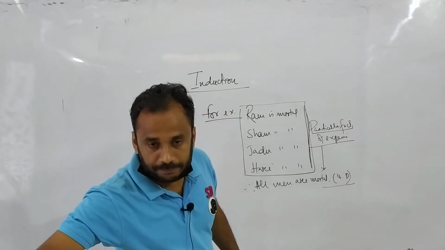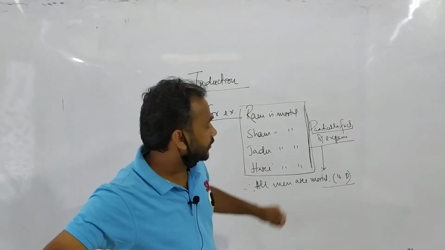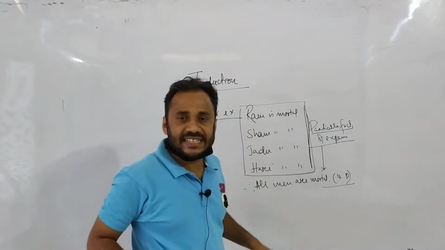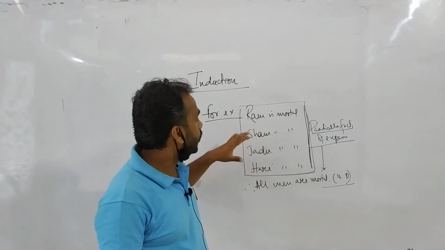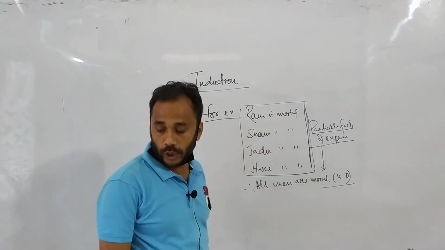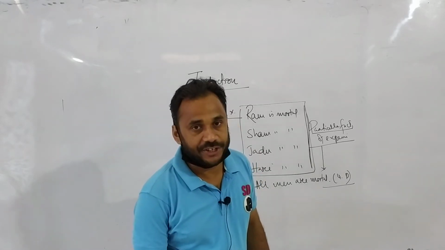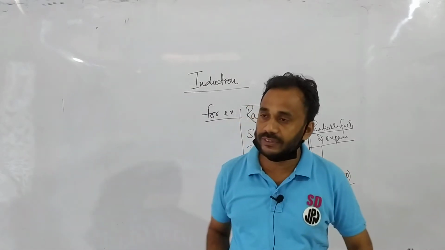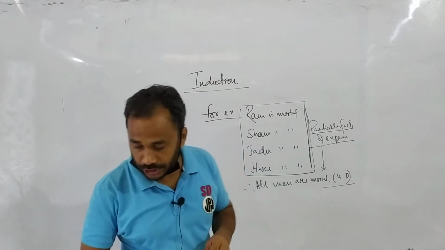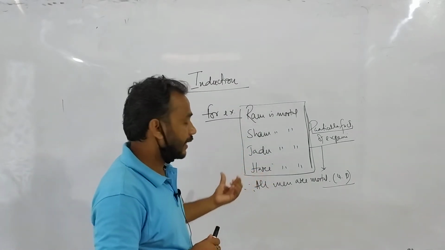Here it is experienced that Ram, Sham, Jadu, Hori died, and on the basis of the experience we reach a general proposition, all men are mortal.